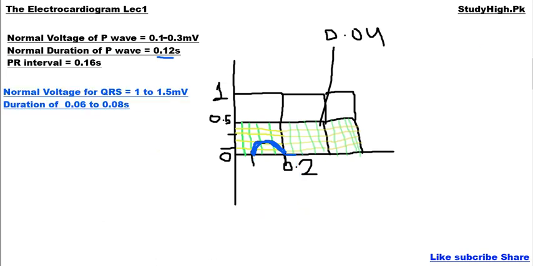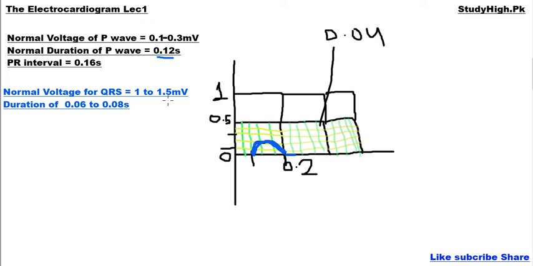So just remember, the normal voltage range for a normal QRS complex is between 1 to 1.5 millivolt when the electrodes or the electrocardiographic leads are placed on the arms or left leg, as happens on our clinical side. We place the electrocardiographic leads on the left and right arm and on the left leg.